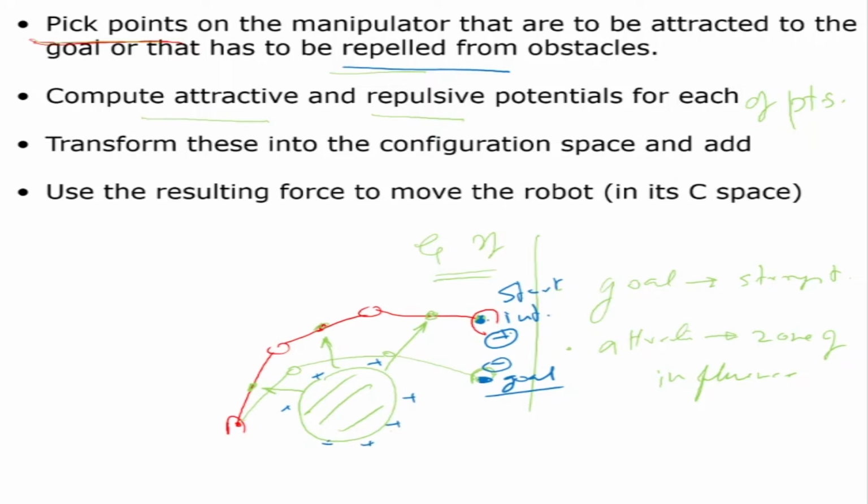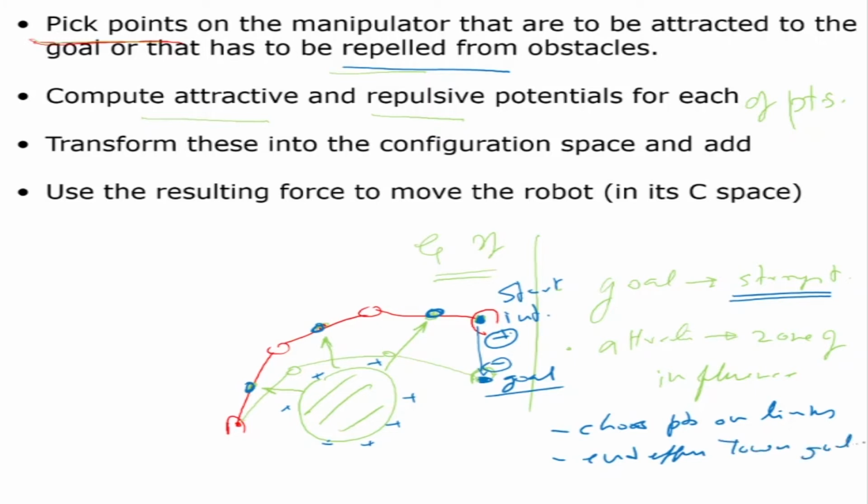Now, it is not enough to say the end effector should go to this point, because in the process these links can go and hit the obstacle. So I also have to choose points on the links to avoid hitting the obstacle. The goal has to be attractive, and the end effector has to be attracted towards the goal. Now each of these links is an obstacle to itself. Please note that.